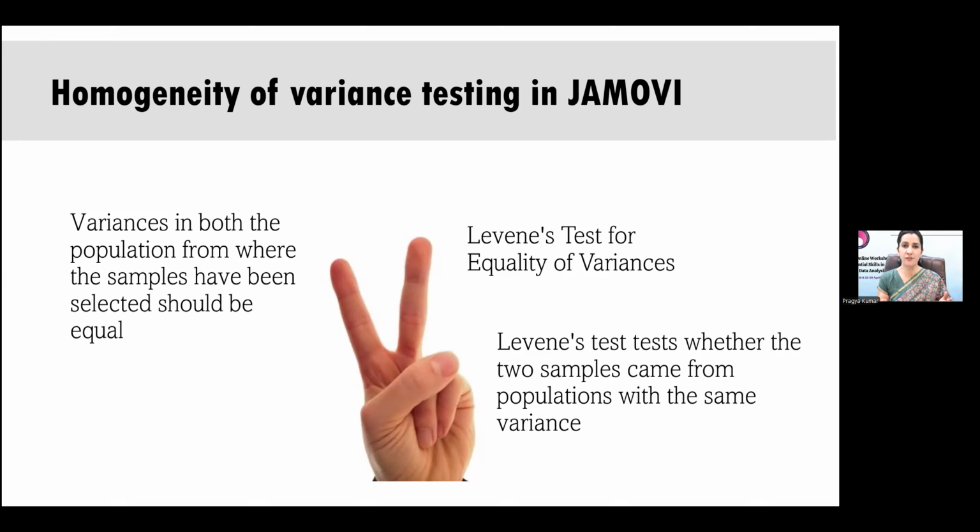So instead of the standard t, we report Welch t when we check the data and the variances are unequal. There are chances that even in a single sampling unit there can be unequal variances or equal variances. You have to check how your data is behaving or how you have drawn your sample.